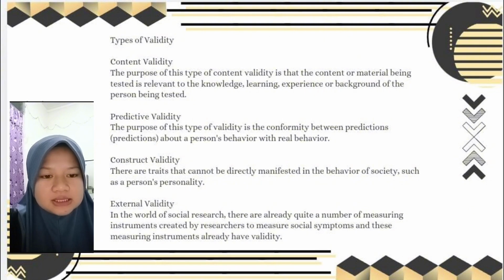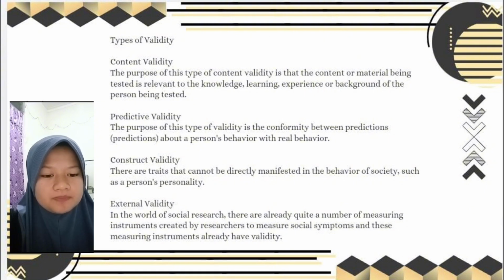Predictive validity. The purpose of this type of validity is the conformity between prediction about a person's behavior and real behavior. Construct validity. There are traits that cannot be directly manifested in behavior, such as a person's personality.